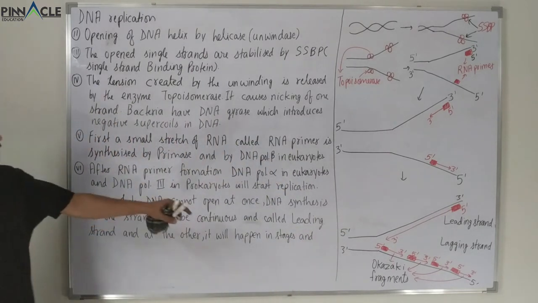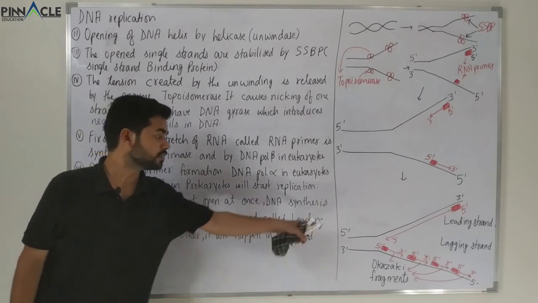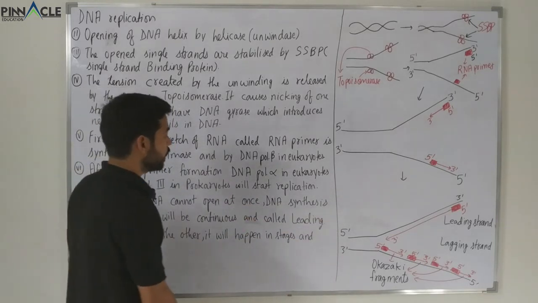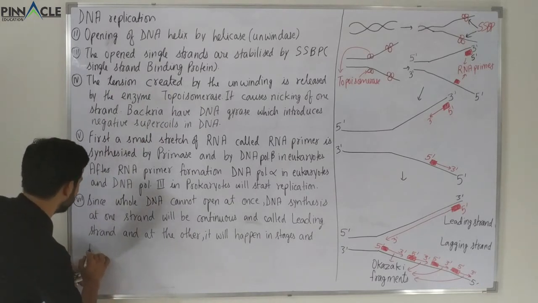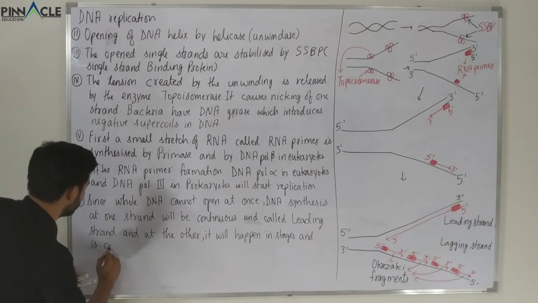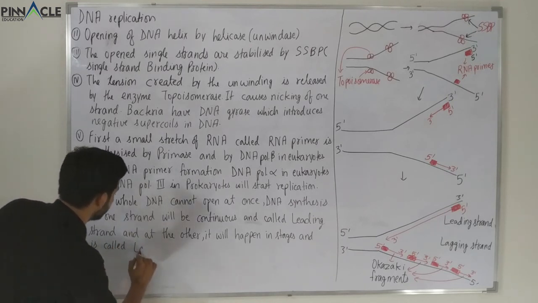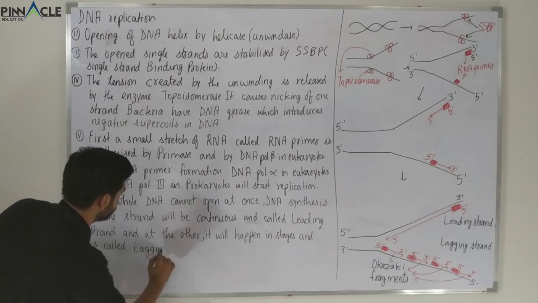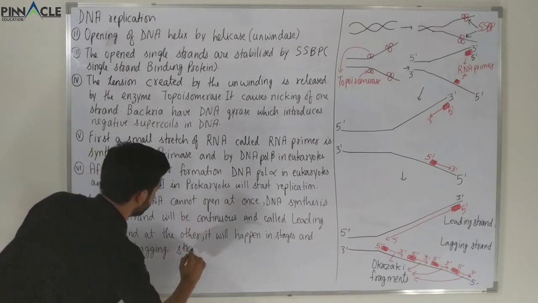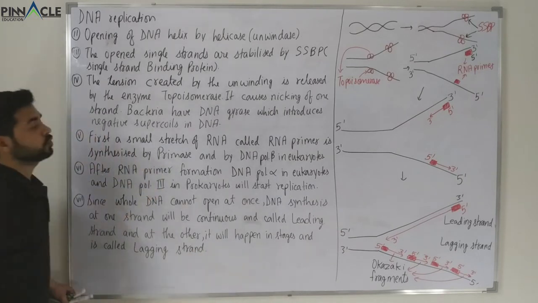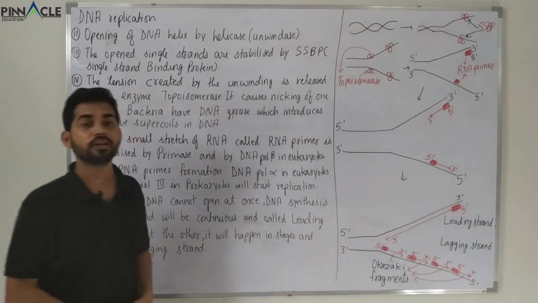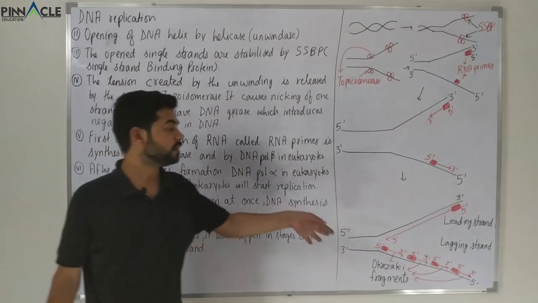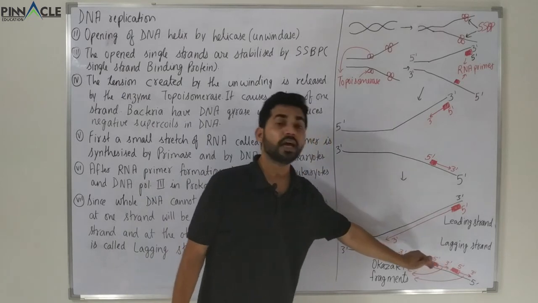The other strand, the DNA synthesis is happening in stages, that is part by part, and that will be called the lagging strand. So these are the normal parts. These Okazaki fragments are small pieces, and these have to be rejoined for this strand to be continuous.